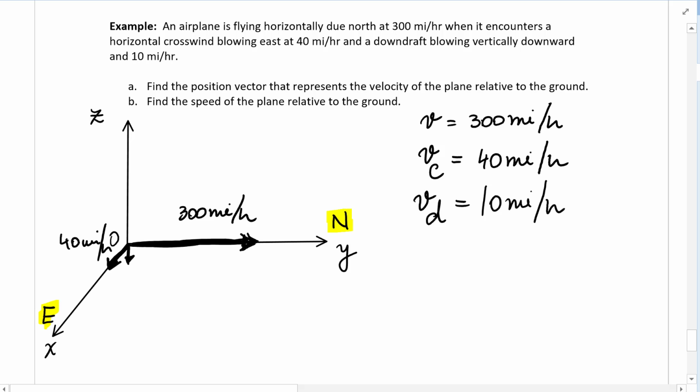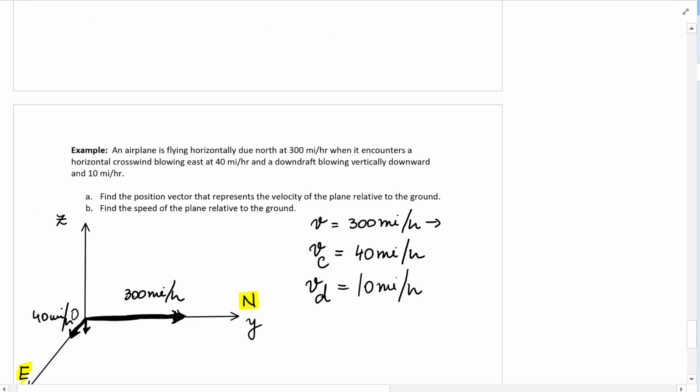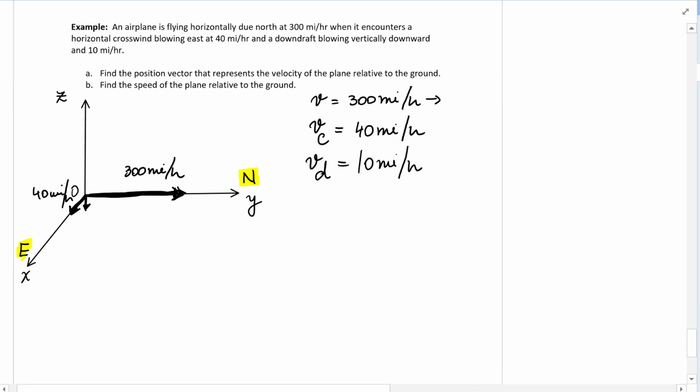But if I want to write these as vectors, the velocity of the airplane can be written as v is 300j, right?